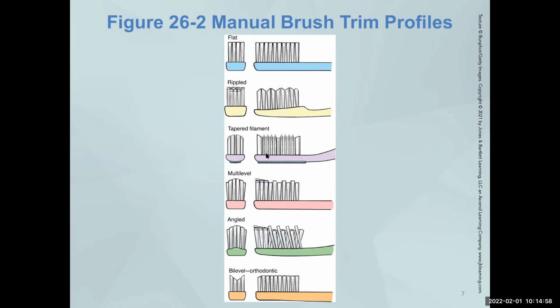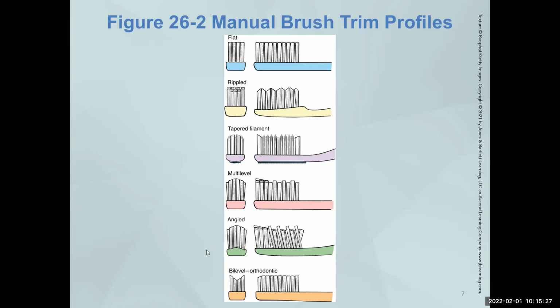Butler has a great brush that has these tiny little hair-like thin filaments coming out that gets subgingivally a little bit better. And look at the curve here, okay? Butler, this is indicative. Butler made this one famous. Then you've got the multi-level, which is a take on the rippled. You've got the angled.